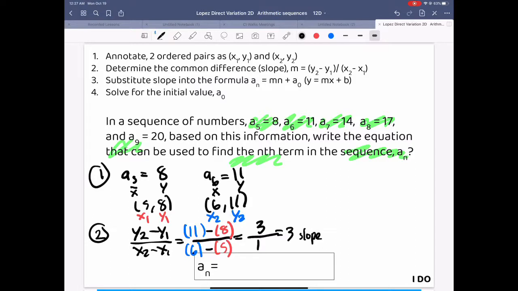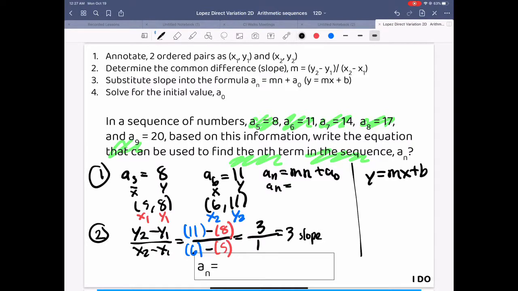Now you can use either formula, it's up to you. So the correct formula is a sub n is equal to m times n plus a sub 0. Again, that looks a little scary, but it is the same formula as y is equal to m times x plus b. Again, you can choose either or. So I'm going to work them out both at the same time.